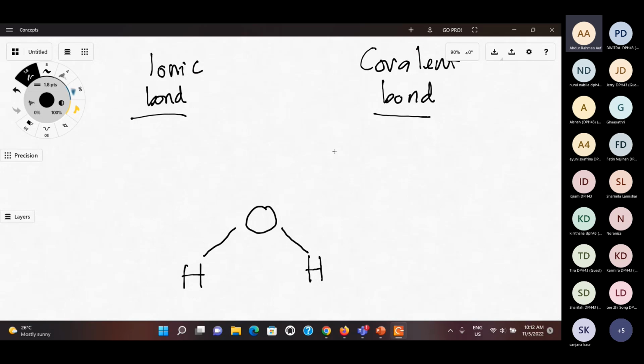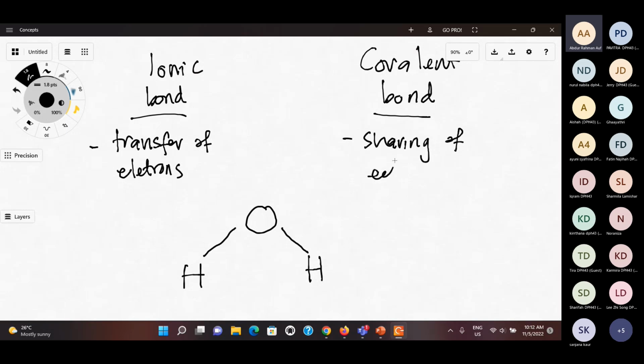So how do we differentiate between ionic and covalent bond? So in chemistry, ionic bond is defined by the transfer of electrons, by the movement of electrons. Kalau covalent bond, kita define by the sharing of electrons.